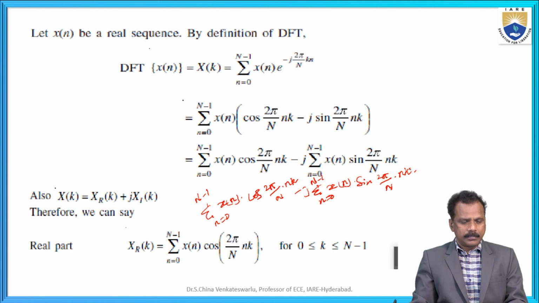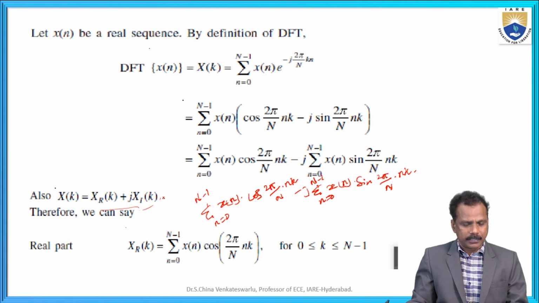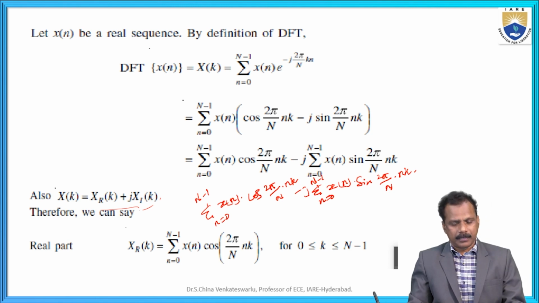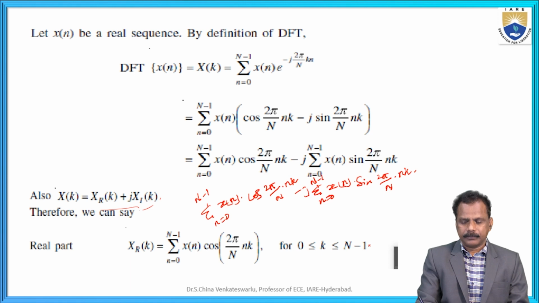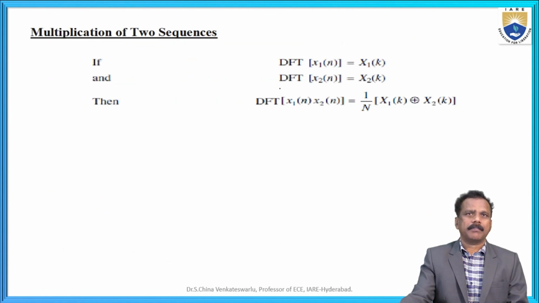Okay, like this, where X of k is equal to Xr of k plus j into Xi of k. Therefore, we can see Xr of k is equal to this value. Okay, like this, right, to verify.